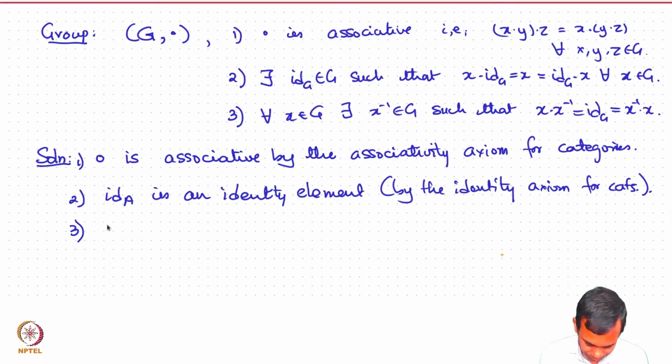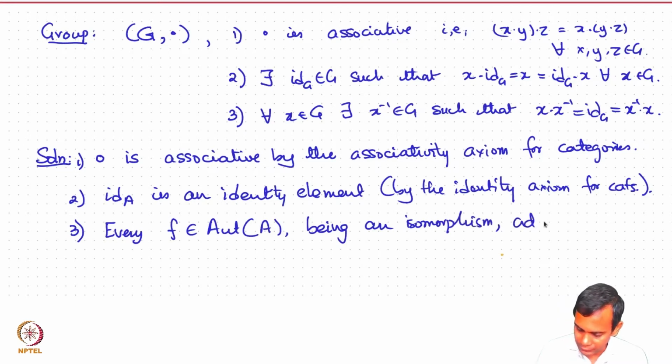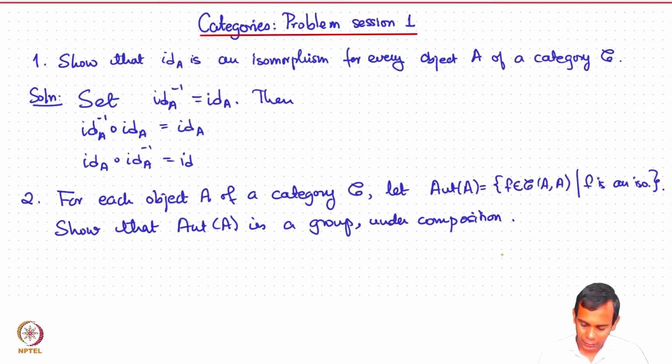Every F being an isomorphism admits an inverse. So that's it. The two axioms of associativity and identity follow from the axioms of a category, and the third axiom of inverse just comes from this definition of Aut A.